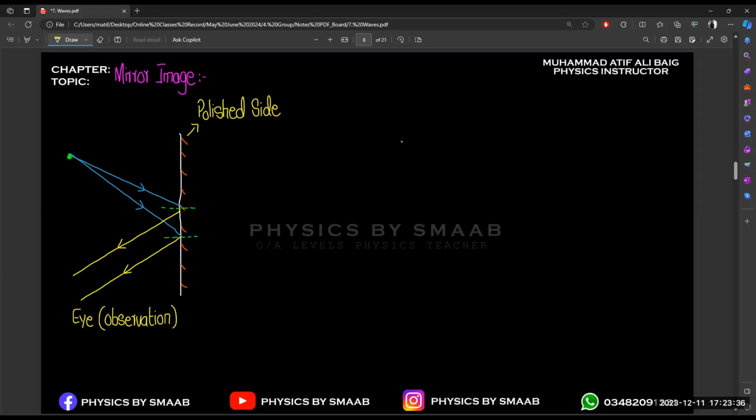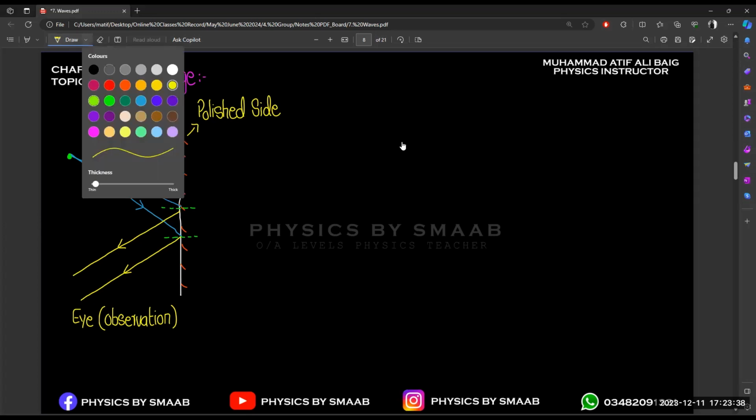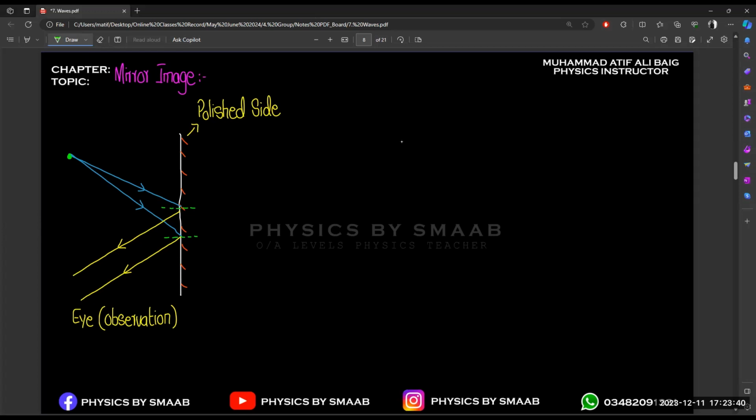So you will get your image over here, only for the mirror diagram, only for the mirror image. You will get the image at the same level on the other side.